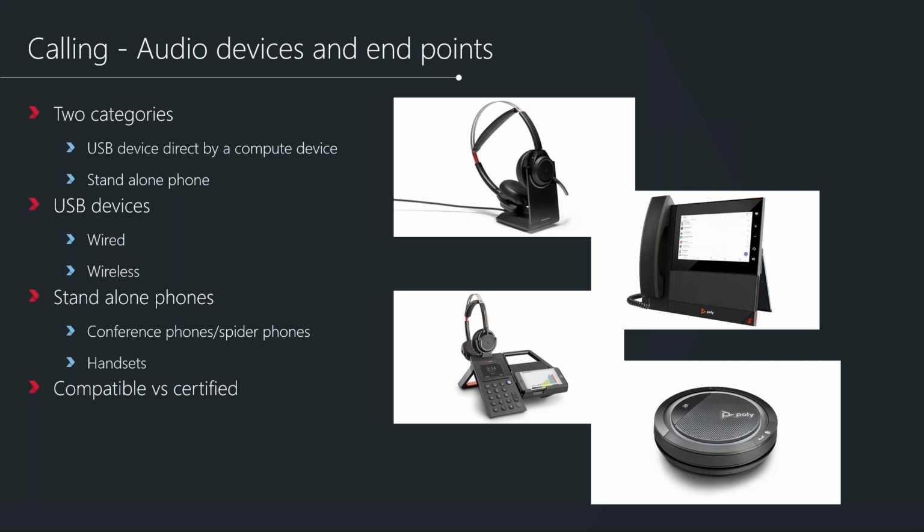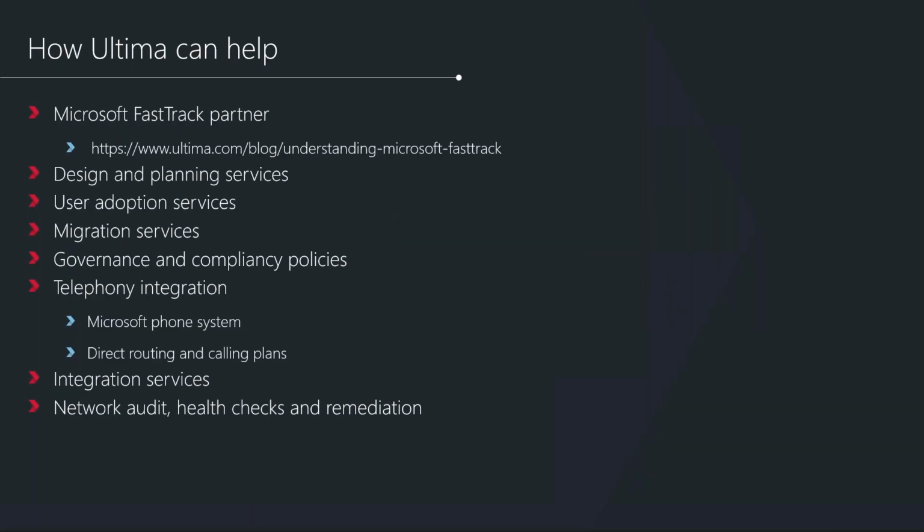So that was endpoints. And then finally, the obligatory: that's all great, this is how Ultima can help you on your journey to Teams. We can be as flexible and as engaged as you need us to be. If you've got strong in-house technical skills and you have licenses already, it's definitely worth having a look at partner-led fast track.